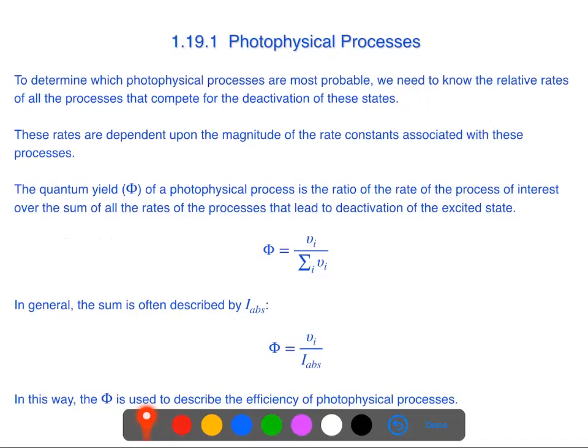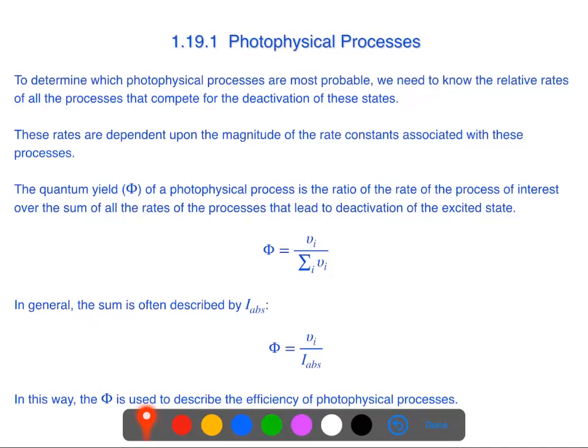Now, to determine which photophysical processes are most probable, we need to know the relative rates of all the processes that compete for the deactivation of these states. These rates are dependent upon the magnitude of the rate constants associated with these processes.